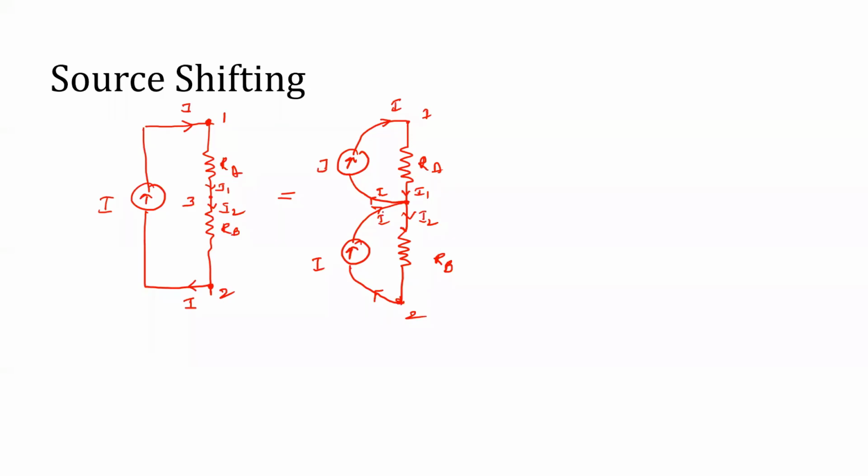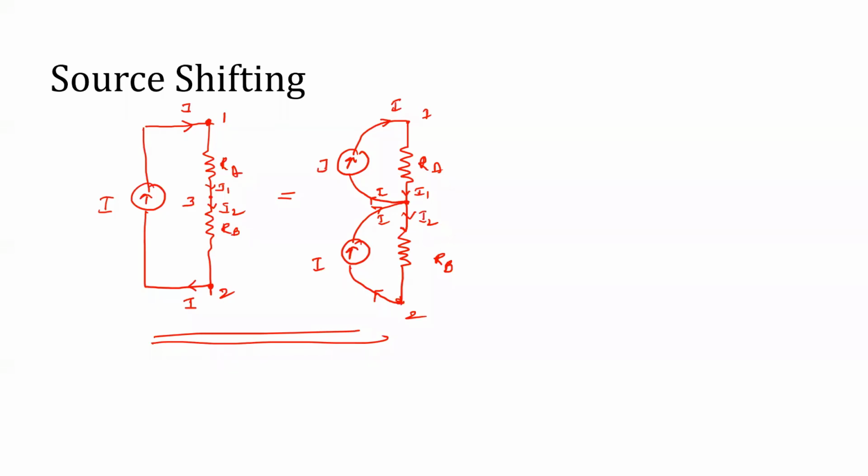Because the same current is entering and leaving, the effect of I at this node is null here. It can be neglected because the magnitude is same, it is entering and leaving, so they cancel each other. As a result, these two circuits are one and the same.